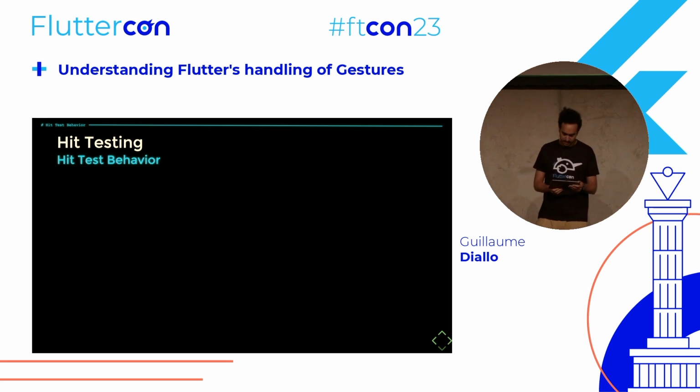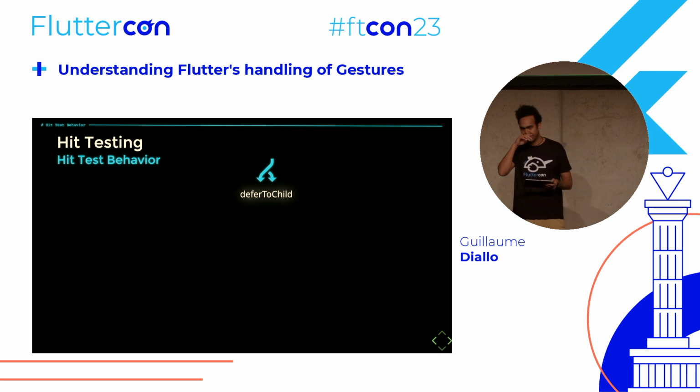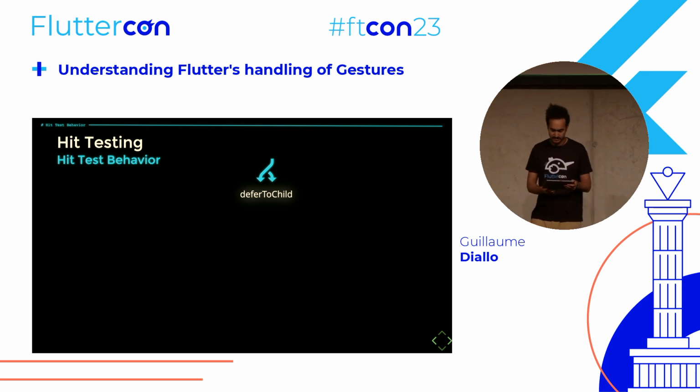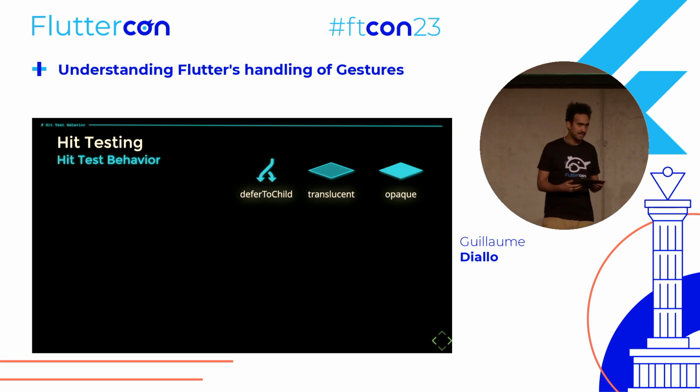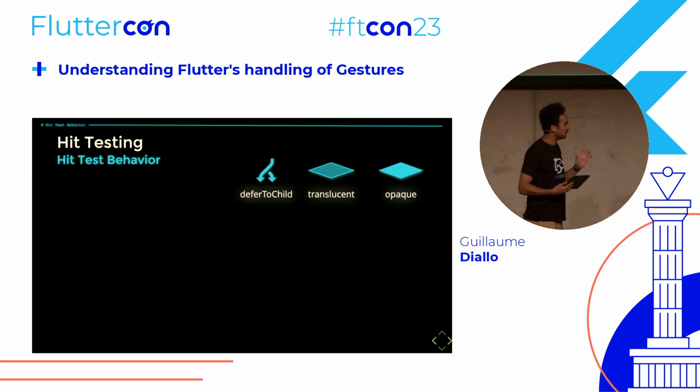Now, hit test behavior is a property that you can pass to your gesture detection, and it has 3 types of properties: defer to child, translucent, and opaque. And these are not quite intuitive to understand because I was playing with those properties in the case before and nothing was changing.